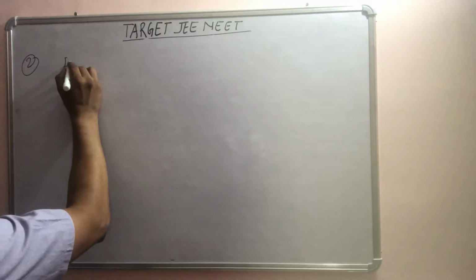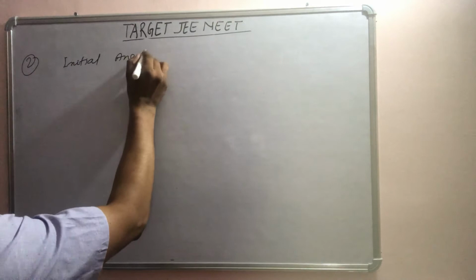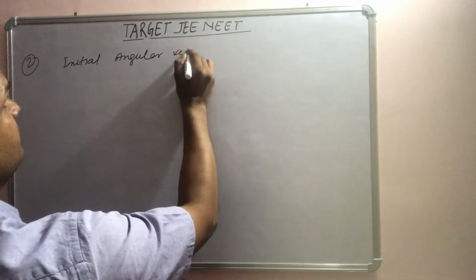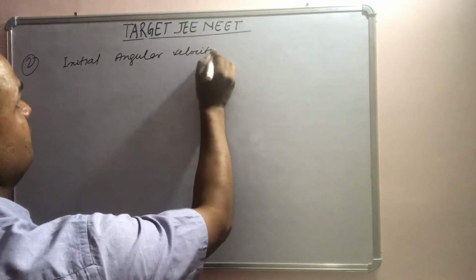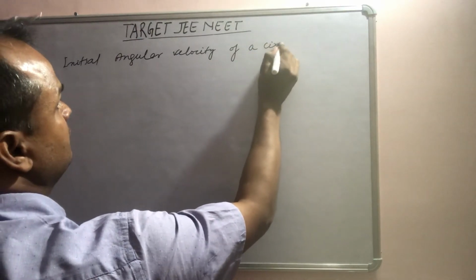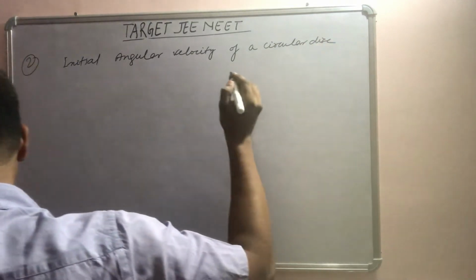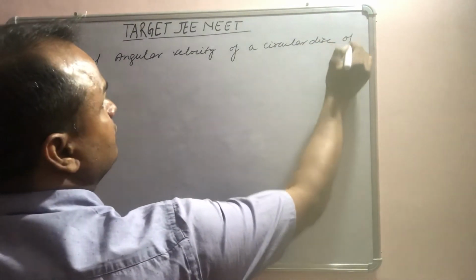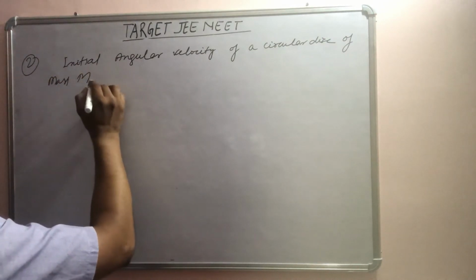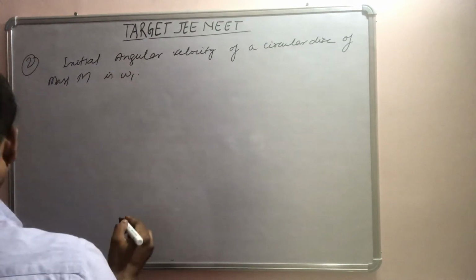The initial angular velocity of a circular disk of mass capital M is omega 1.